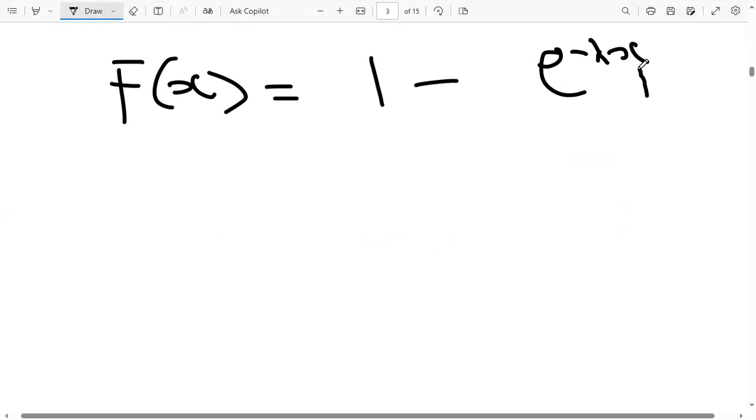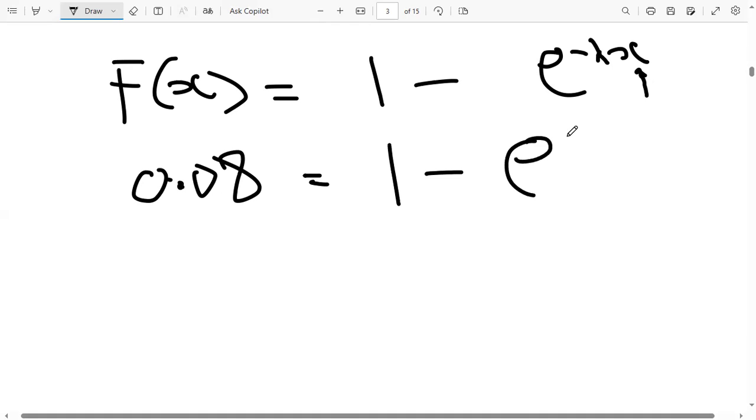So we want to find this x because this F of x, which is the probability, has been given as 8%. We know that 8% will just be 0.08 in decimal. So this will be equal to 1 minus e to the power minus 0.2x. We can take this to the other side.